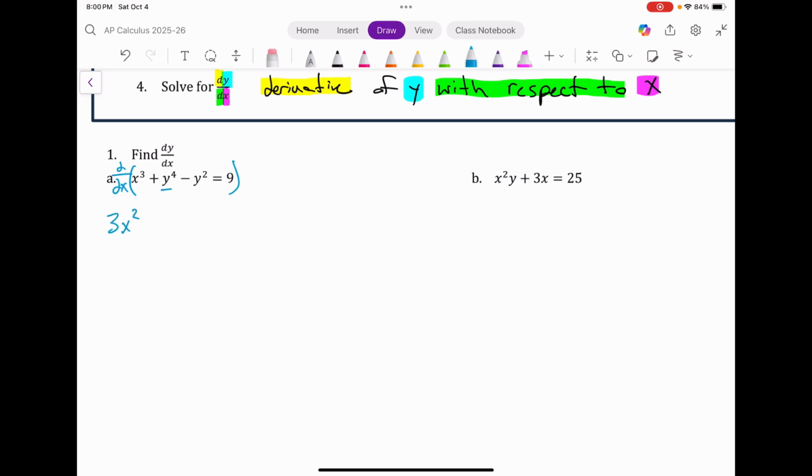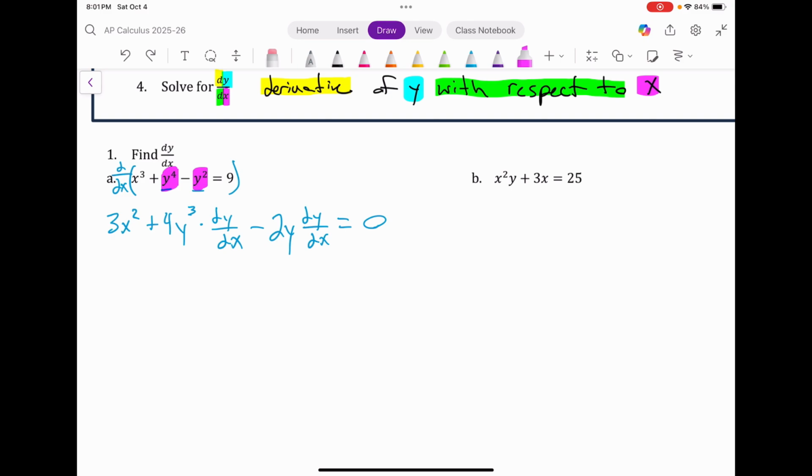Okay, the derivative of y to the 4th would be 4y cubed by the power rule, and then chain rule, so dy dx. And then the derivative of y squared is 2y dy dx. And then the derivative of 9 is 0. So you'll notice anytime we're taking the derivative of any term that has a y, a dy dx will always come out of it. Okay?